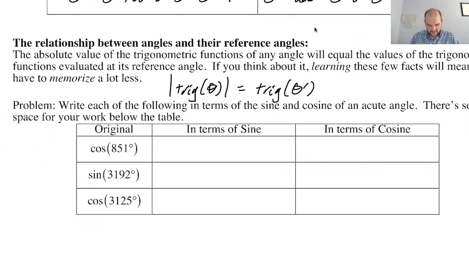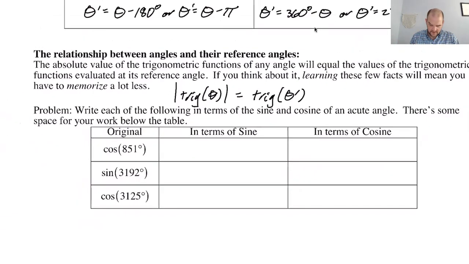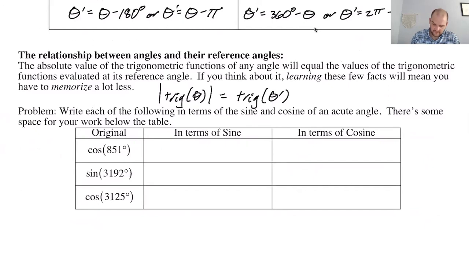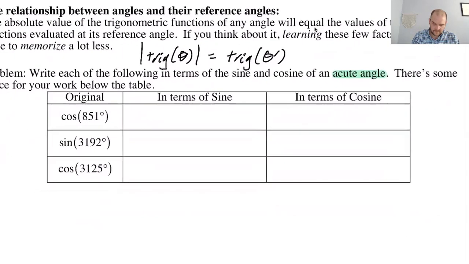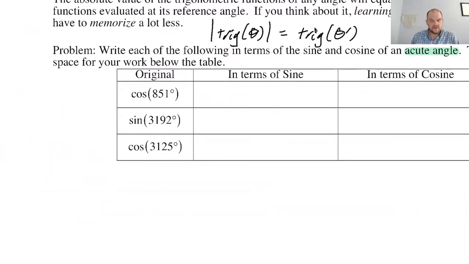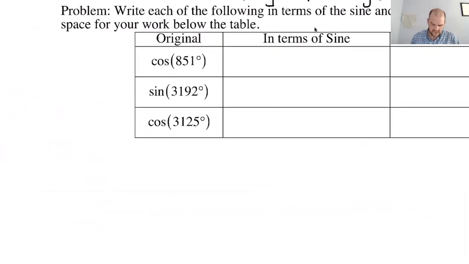We have this original thing. We're going to write it in terms of an acute angle. So we're going for an acute angle. And what we want to do is first just get a sense of the problem, right? 851, too big. So I'm going to say 851 minus 720 would be 131.